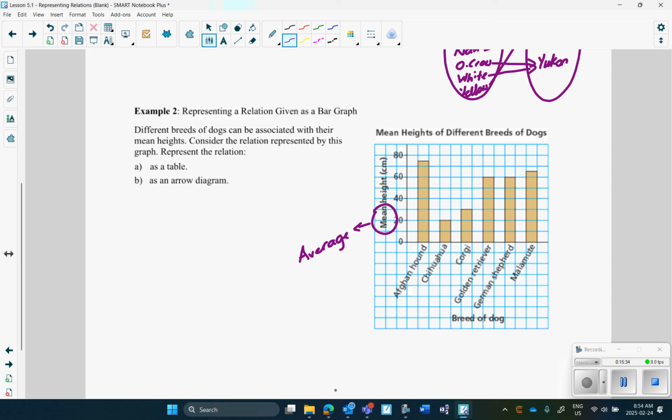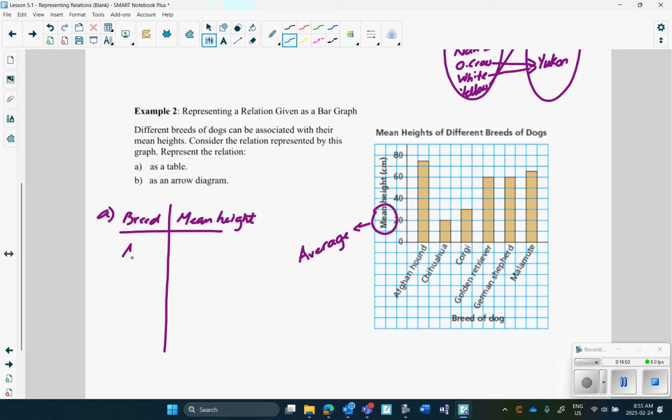Okay. So how do we do it as a table? Well, what would my titles be? What would the first column title be? And what about the second? Mean heights. So we write the dogs.